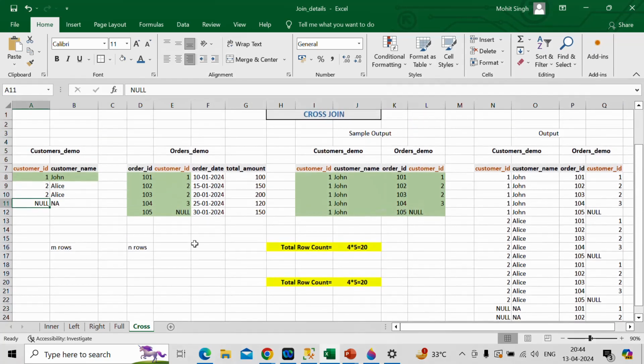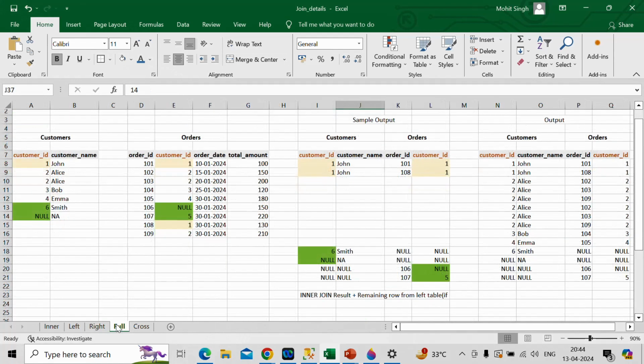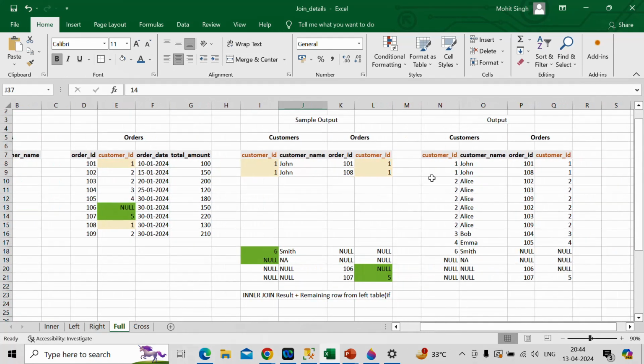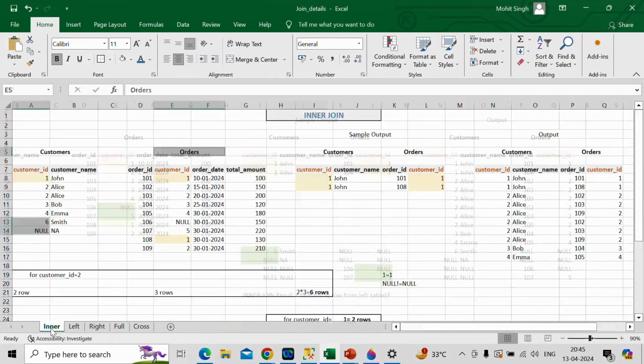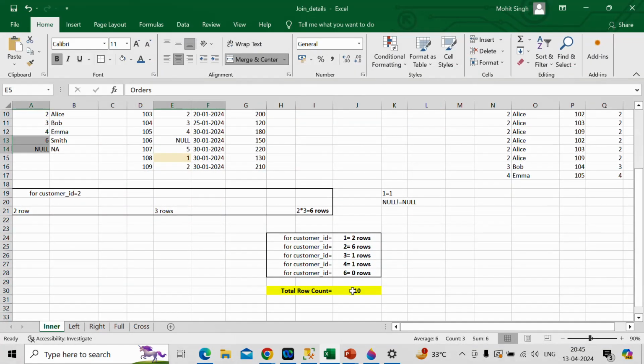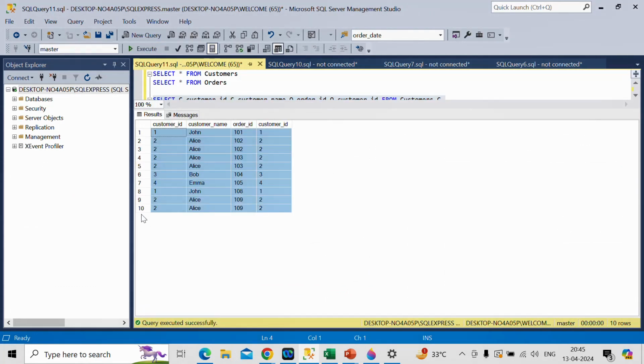Okay. Now let us quickly check output for these types of joins in SQL Server. Basically, we are going to get the exact output, but just to verify. Okay. So in case of inner join, number of records will come as 10. Okay. Let me run it. We got 10 rows.